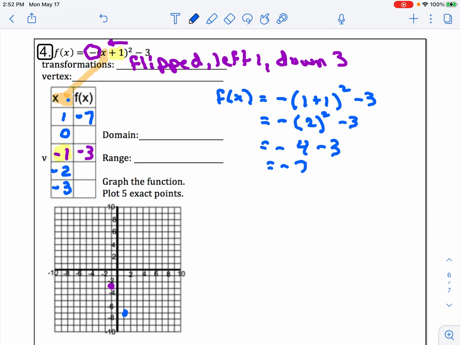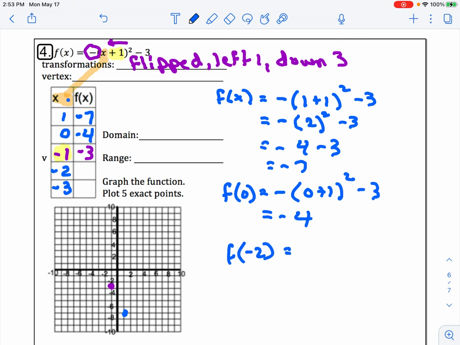And now I'm going to put 0 in there. So I'm doing the same thing. Equals the opposite of 0 plus 1 squared minus 3. That's 1 squared, or 1. So you get negative 1 minus 3. You should get negative 4. So again, on your calculator. Okay? When you plug in negative 2, f of negative 2, again, it looks like this. The opposite of negative 2 plus 1 squared minus 3.